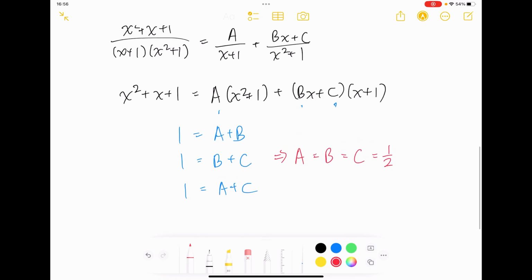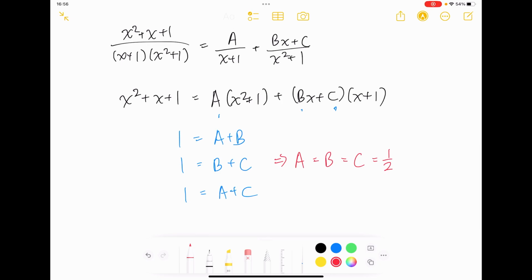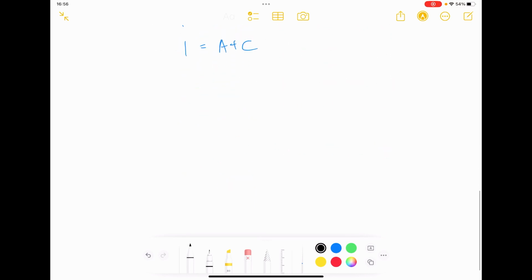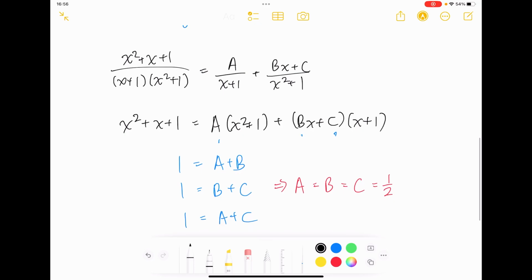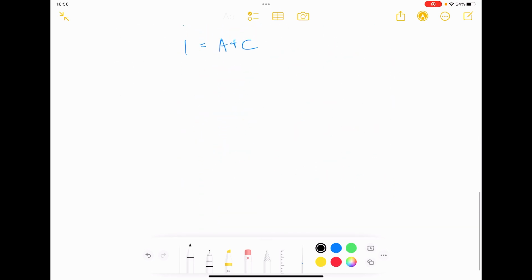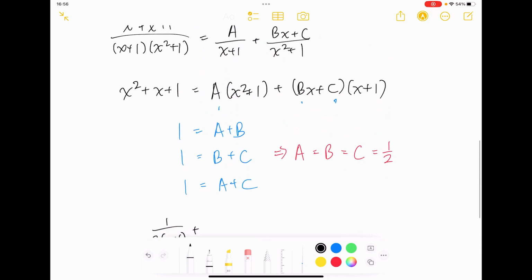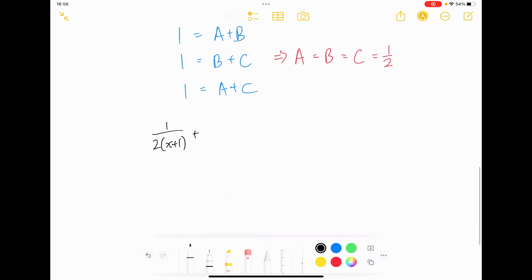So all of these are a half, and when we plug them back into the partial decomposition, we're going to get 1 half divided by x plus 1, which we're going to put in the denominator actually. So 1 over 2 times x plus 1 plus, and we're going to factor out a half, so that's going to be x plus 1 divided by 2 times x squared plus 1.